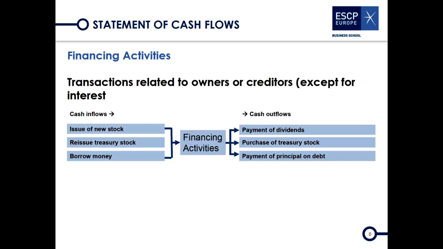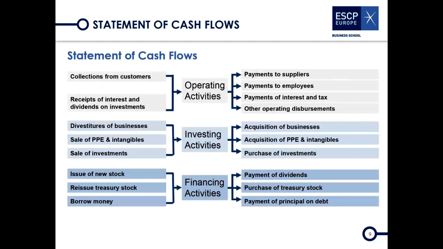This is why you see a lot of companies doing that. And repayment of debt is also what you would find in the financing activity section. So this is the summary. We break down the change in net cash into operating, investing, and financing activities, and we show the exact cash inflows and outflows, but the overall net change needs to correspond to what you see in the balance sheet.